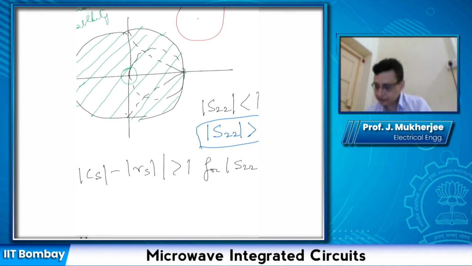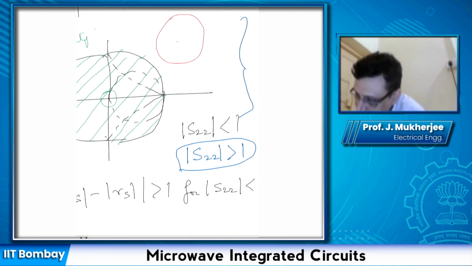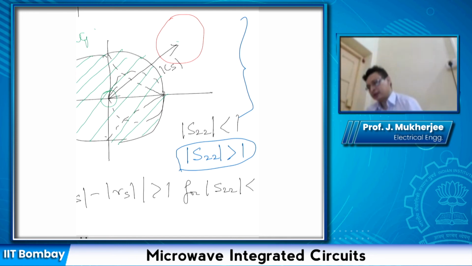So what this means is you find the distance of the center of the input stability circle, that is modulus of CS, and then subtract from that the radius, which is RS. So if this difference between the distance of the center from the origin and the radius of this circle is greater than 1, then the system is unconditionally stable.